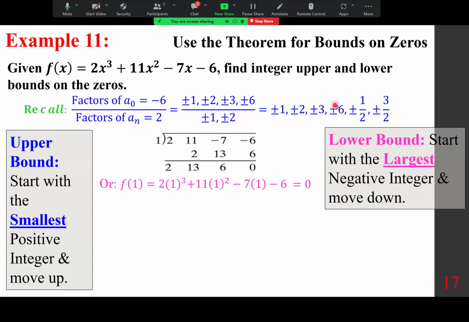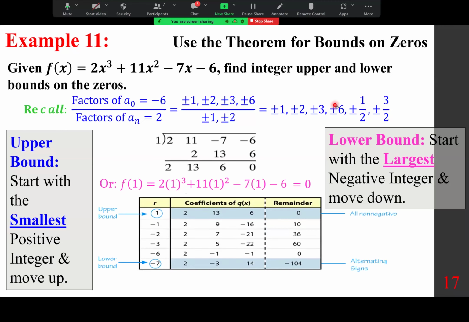Okay, the largest negative. So you work on -1, you work on -2, and so on to see what happens. So I'm going to give you the table. When we worked on 1, we came up with this answer. I want you to look at the last column, which is the remainder. Okay, it happened to be a 0, which means that is a factor.